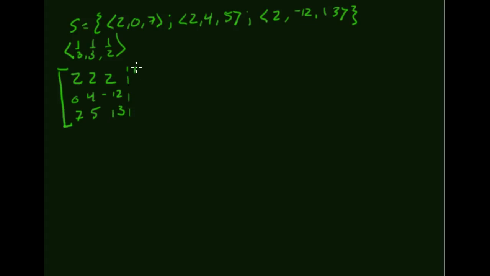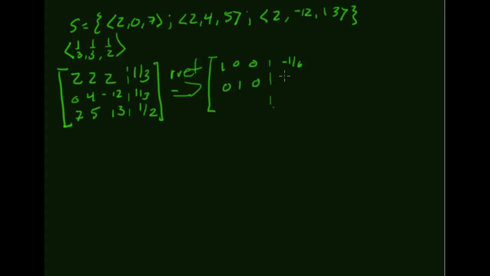But now I want (1/3, 1/2), right? If we apply Gauss-Jordan to that, we end up with 1, 0, 0, negative 1/6, 0, 1, 0, 1/3, 0, 0, 1, 0, right?